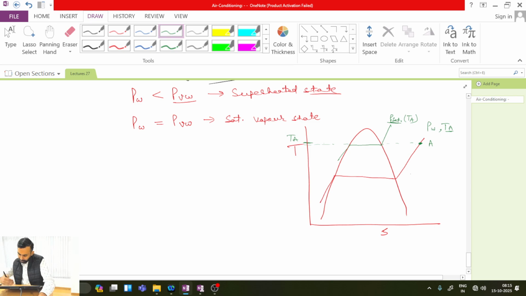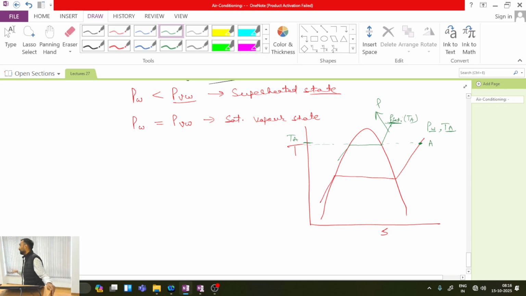Whenever we move upward towards the critical point, pressure keeps on increasing. What it means is that at TA temperature, PW, which is the partial pressure of the vapor in moist air, is less in comparison to the saturation pressure at the same temperature.